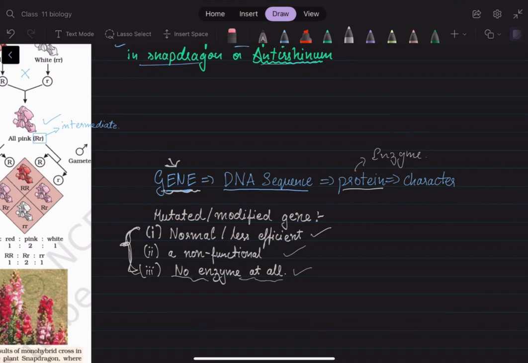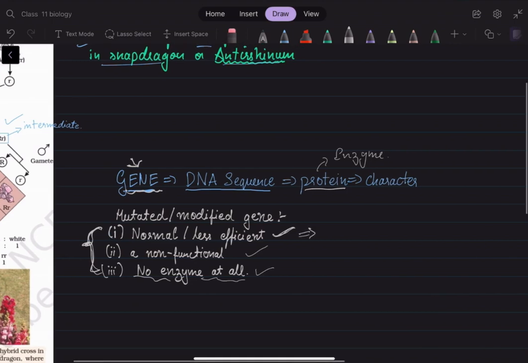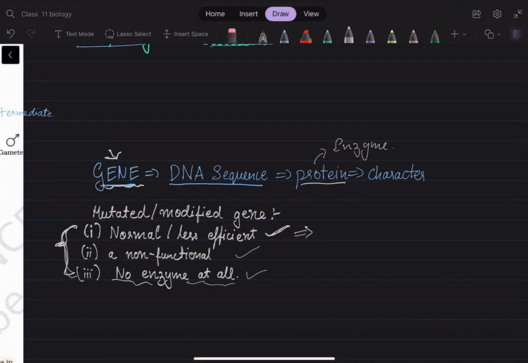In the case of a normal enzyme, the character will usually be the one representing the dominant allele, and the other two will give rise to the recessive allele.